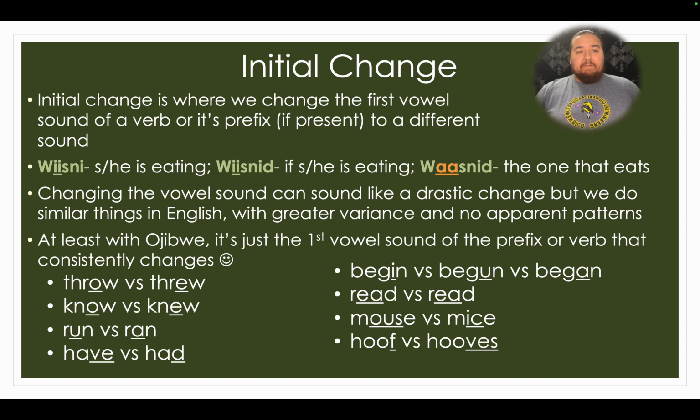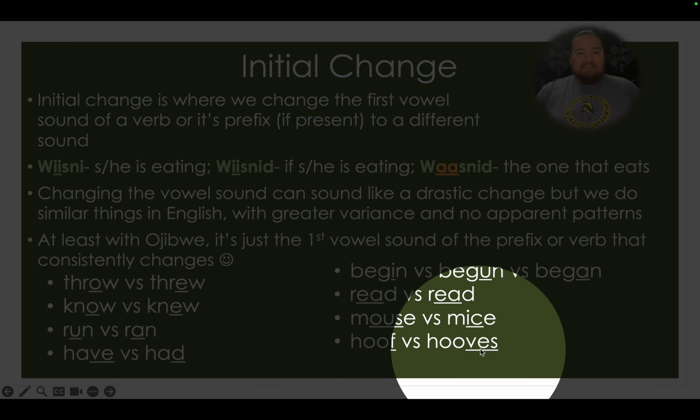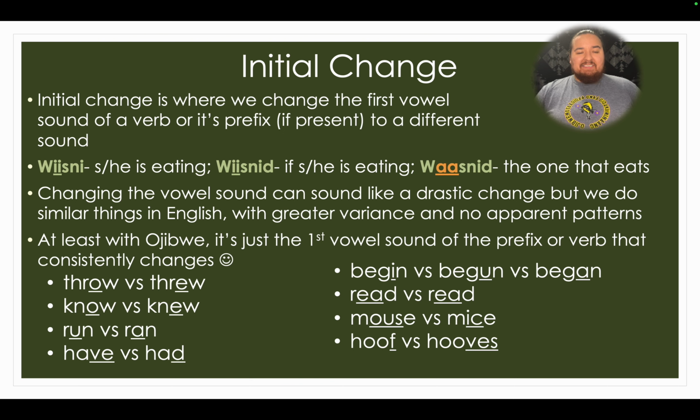And then hoof versus hooves. So for this one, the F changed to a V sound and we added ES. So now in English, with their initial change, they're changing consonant sounds and adding sounds. And lastly, this one's my personal favorite. Think versus thought.